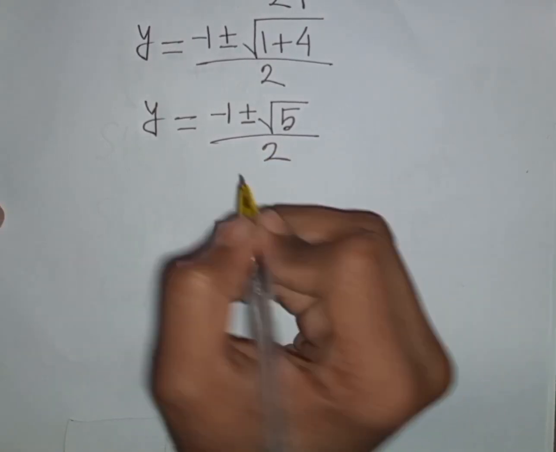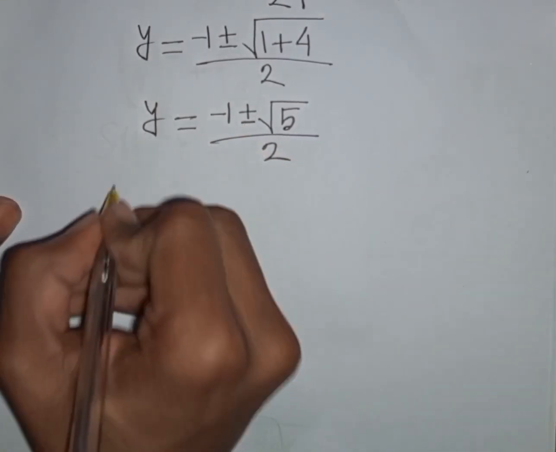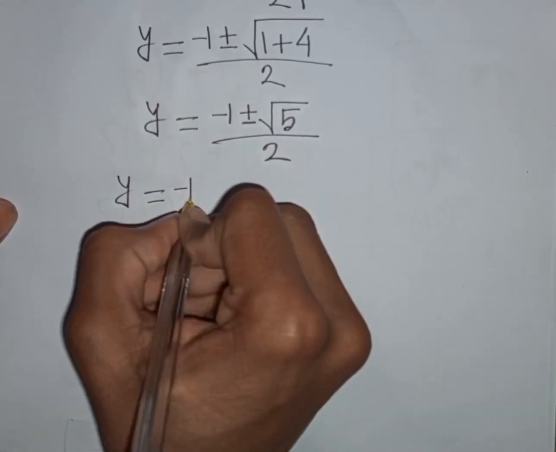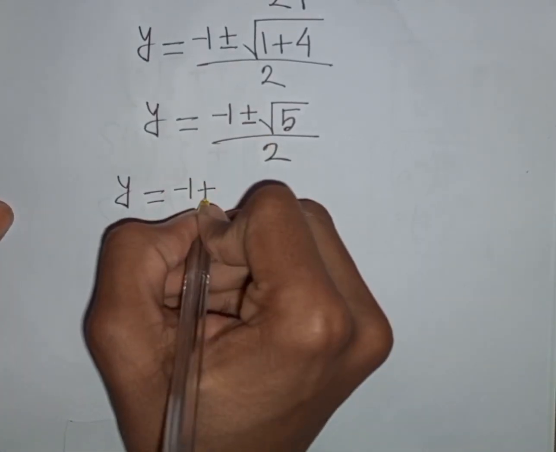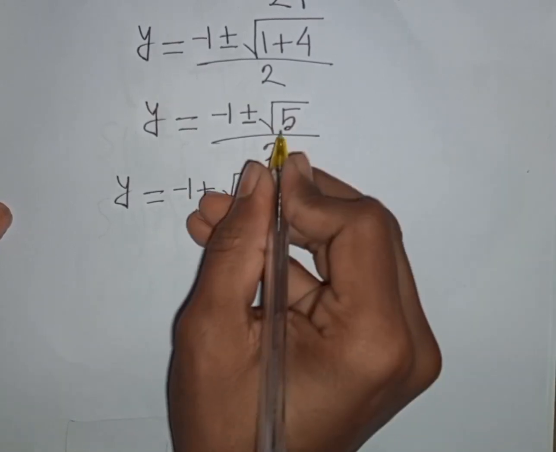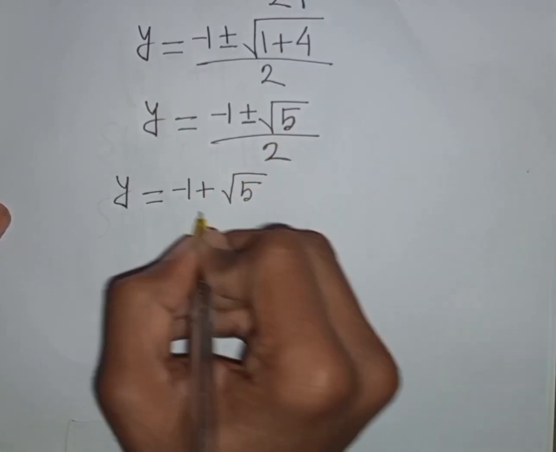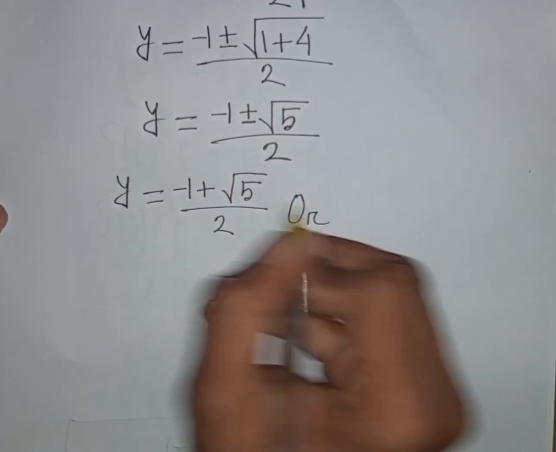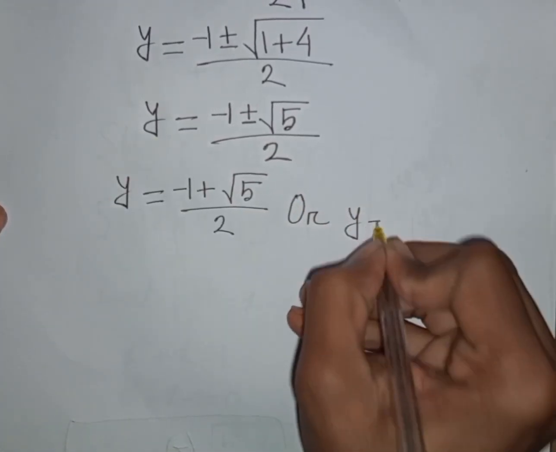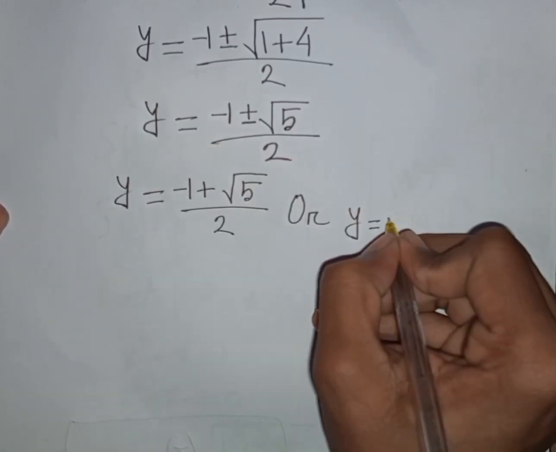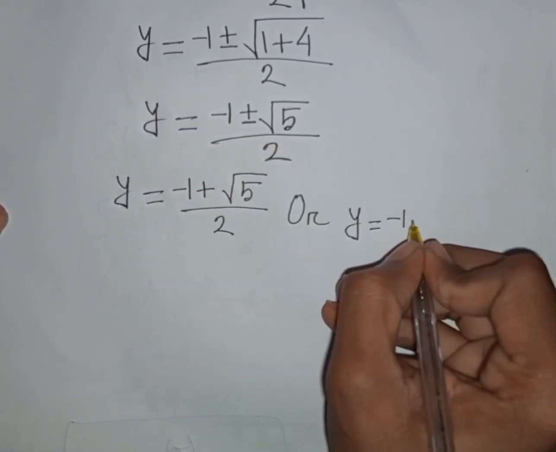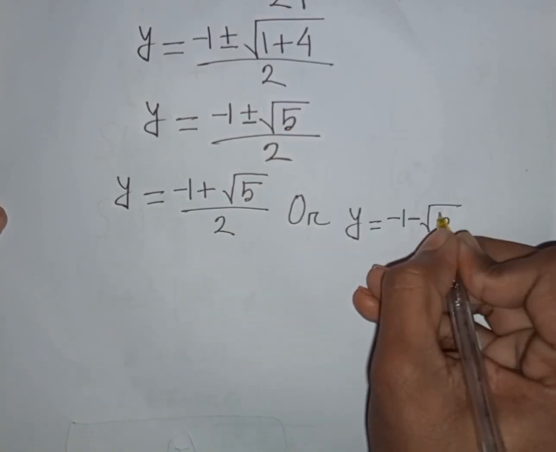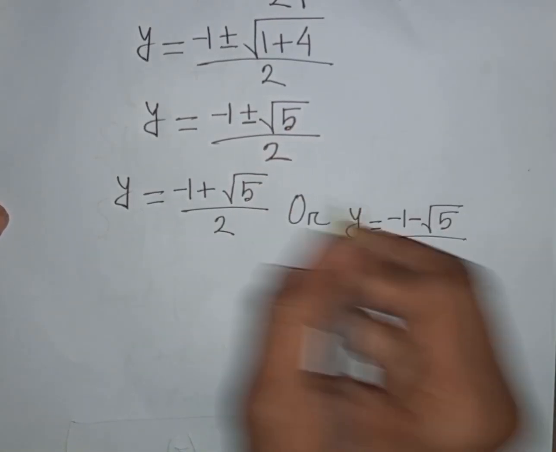Now we see two cases, so y is equal to (minus 1 plus square root of 5) divided by 2, or y is equal to (minus 1 minus square root of 5) divided by 2.